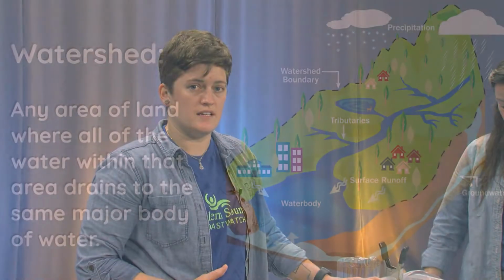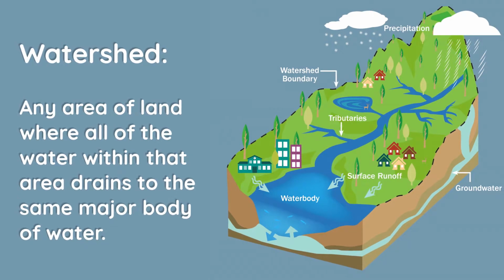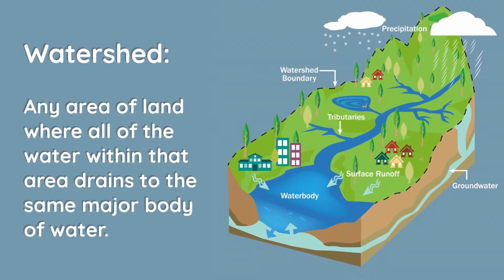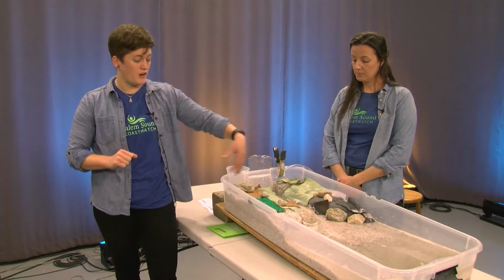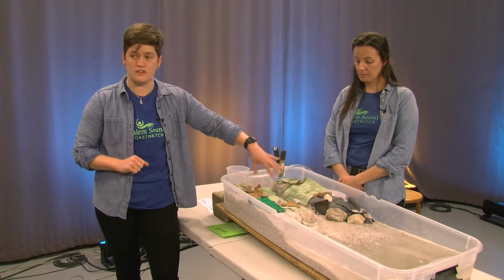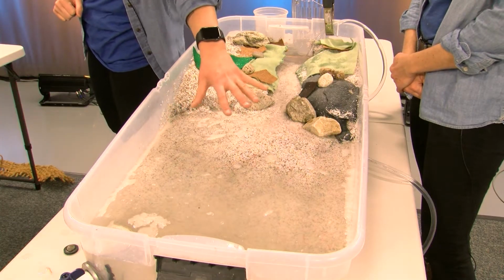And a watershed is any area of land where all of the water within that area drains to the same major body of water. In this case, any water that falls up here on the land part of our watershed flows downhill into this major body of water.